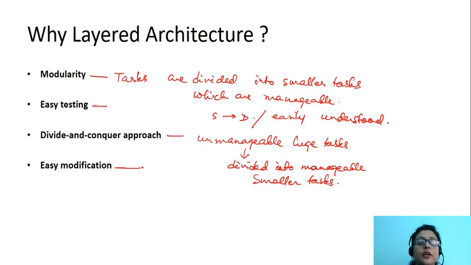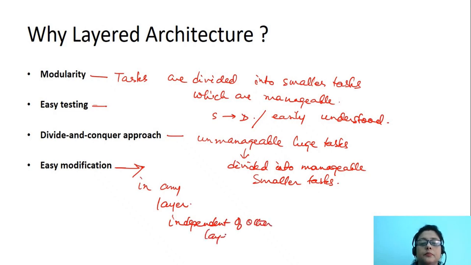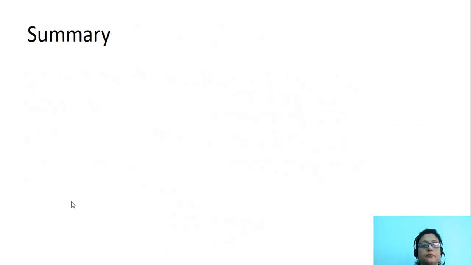An easy modification may be done in any layer, independent of other layers. So we can see the various reasons for layered architecture: modularity, easy testing, divide and conquer approach, and easy modification.